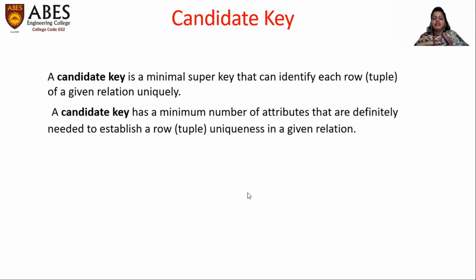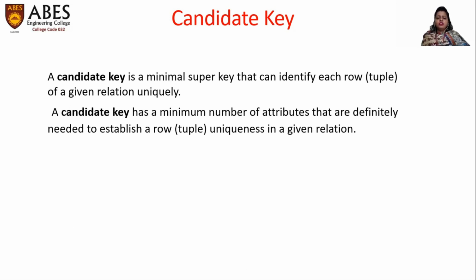You may have multiple keys that can uniquely identify each tuple in the database. Those sets of keys are the candidate keys. This is generally known as the minimal super key because it can uniquely identify each record.